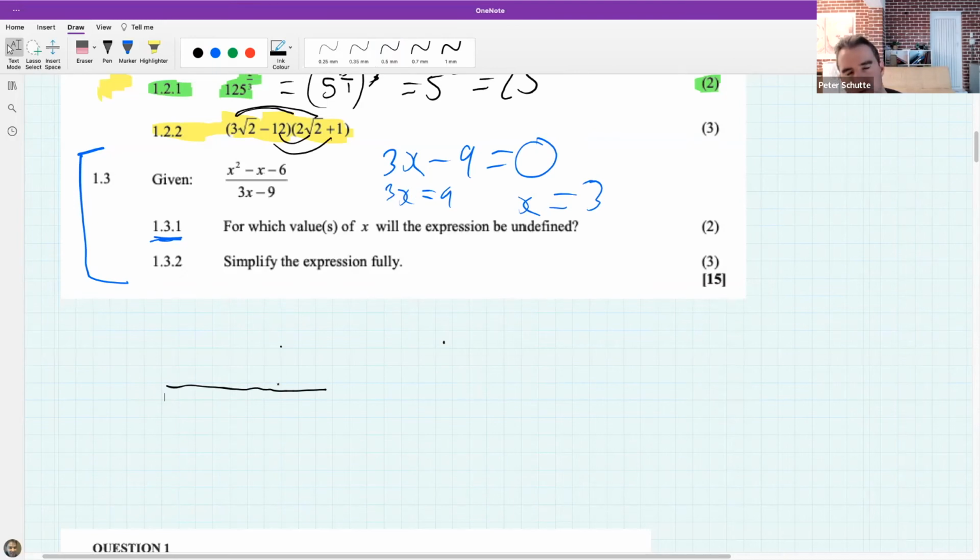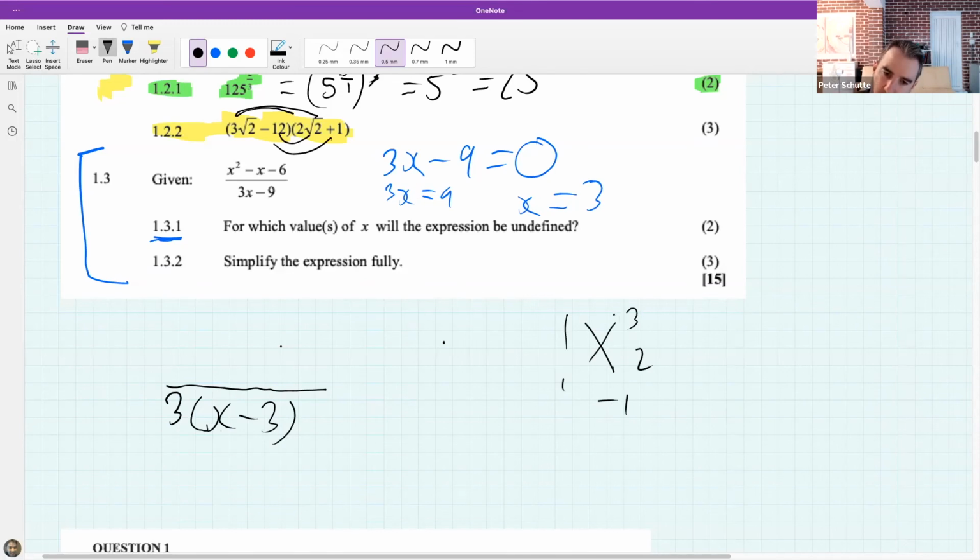To think, what tools do you have in your tool belt? If you want to simplify expressions, feels like factorizing may be your friend. So I can actually see that the bottom has a common factor and the top feels like a trinomial.